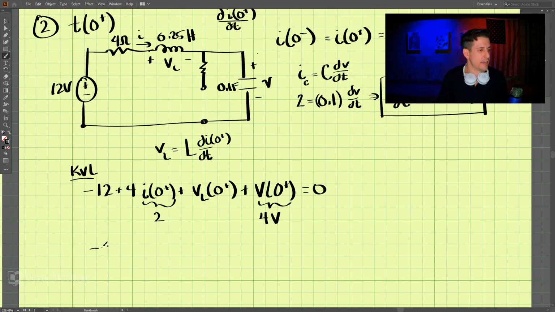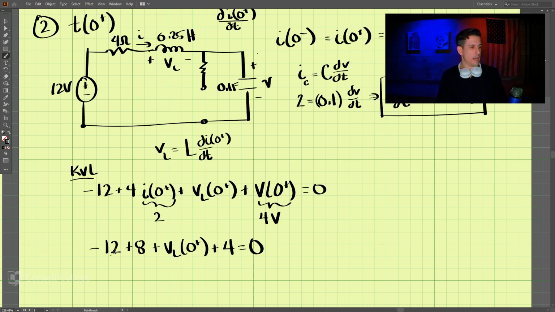So we have negative 12 plus 8 plus VL(0+) plus 4 volts equals 0. And so that comes out VL(0+) is 0 here.